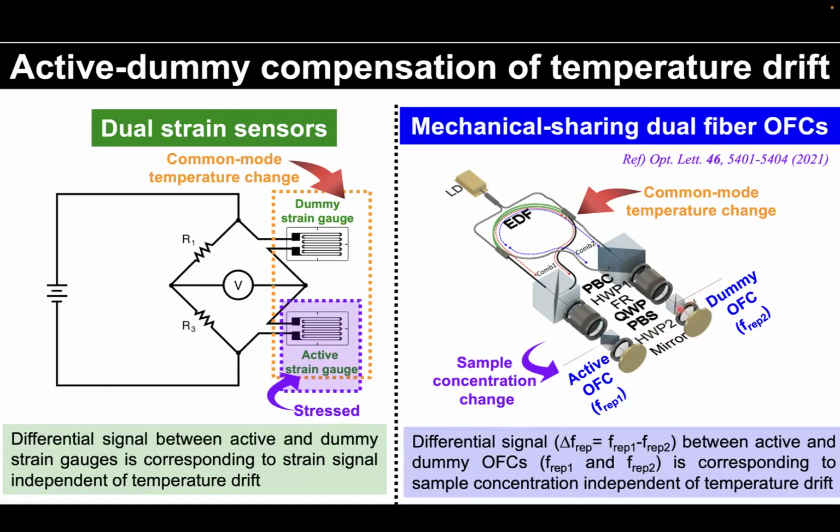If the temperature change is common to each other, the differential signal between the active and dummy OFC, so the delta FREP or FREP1 minus FREP2, corresponds to the sample concentration change independent of temperature drift, in the same manner as dual strain sensors.